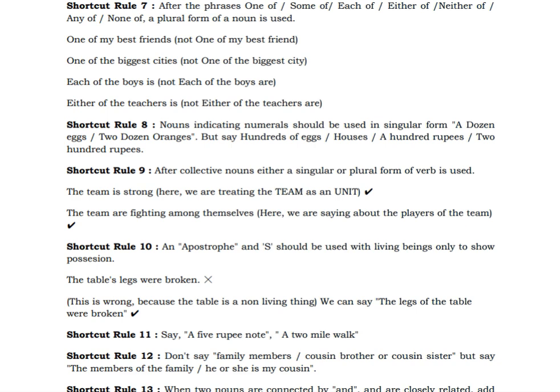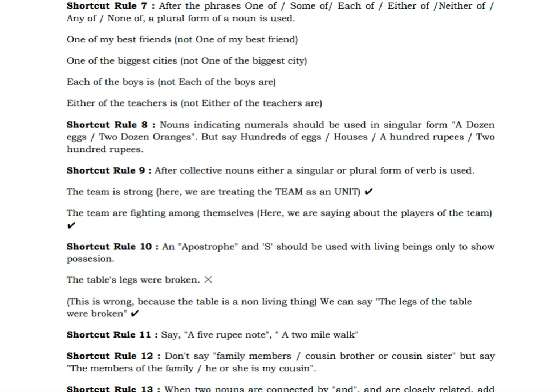But when you are referring to the players of the team fighting among themselves, so the players are fighting. The team is strong. You are treating the team as a unit. So it all depends upon the meaning, what you derive. You got it now? Rule number 9. So let's go to rule number 10.